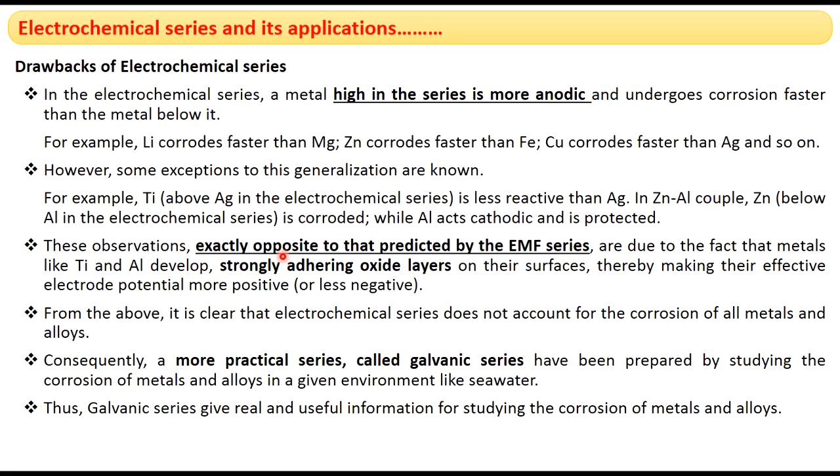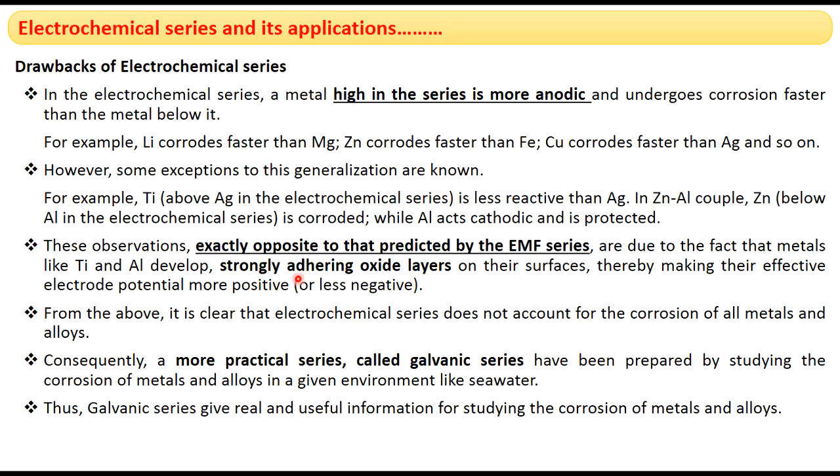This is due to the fact that some metals exhibit passivity. They develop strong adhering oxide layers on their surfaces. Because of these oxide layers, their reactivity is low, and their electrode potential values have become more positive.